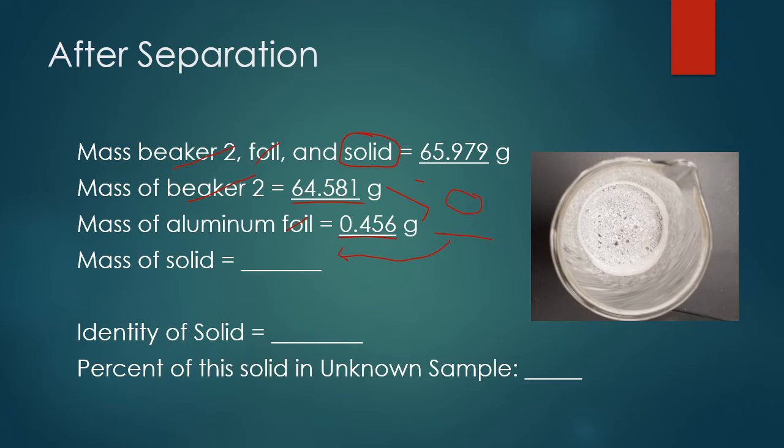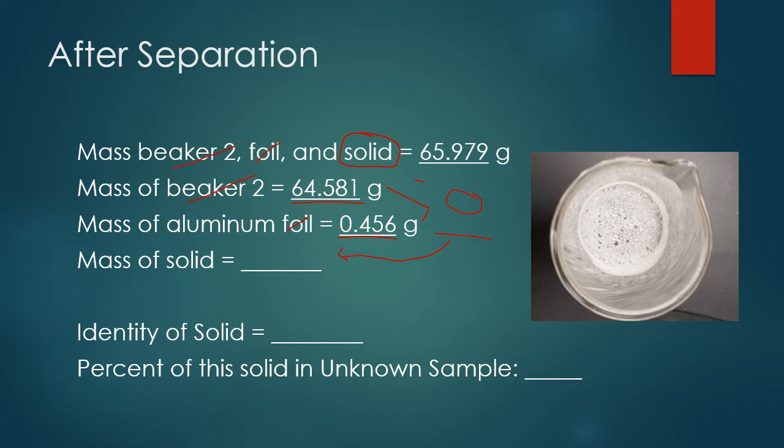Now, to figure out the identity of the solid, we use our knowledge from the previous video and use the solubilities to figure out what solid is present in beaker 2. Remember, the solid in beaker 2 was collected from the initial gravity filtration.